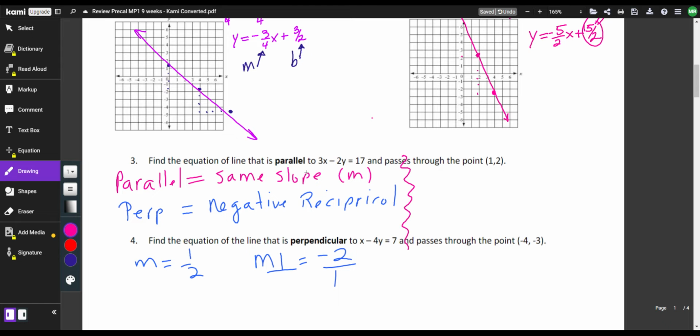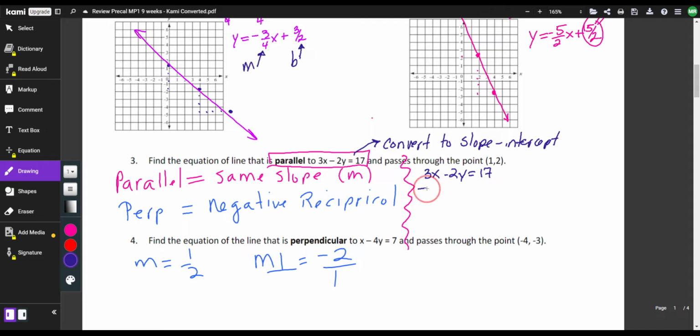The first thing we need to do, in order to find an equation of the line that's parallel, is we know that it's going to have the same slope. So we need to convert to slope intercept form, and that means I isolate y. So I've got to get everything to the other side of this equal sign.